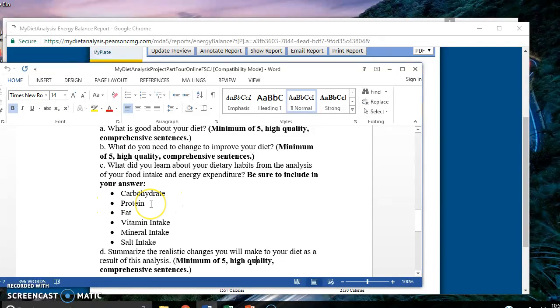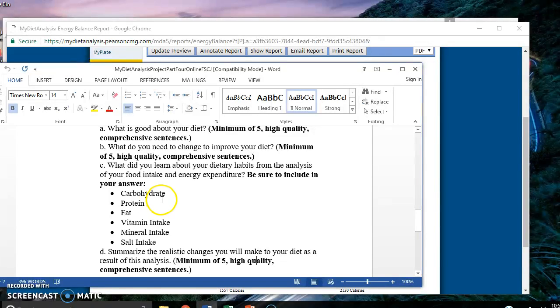What did you learn about protein? What did you learn about fat? What did you learn about your vitamin intakes and your mineral intakes and your salt intake? So this question right here is about your dietary habits from the project in general. Not what did you learn about carbohydrates, proteins, and fats from the textbook. It's asking you about your dietary habits.